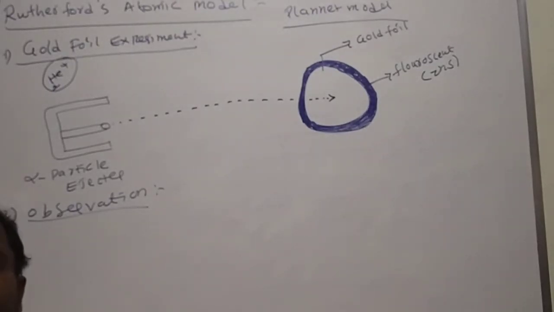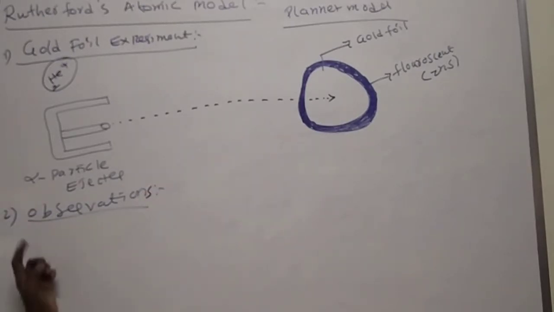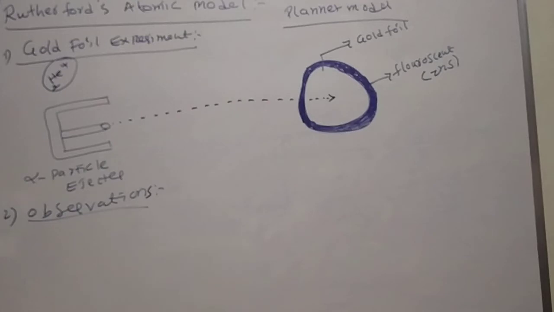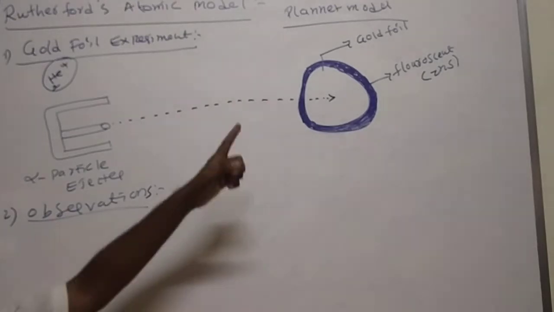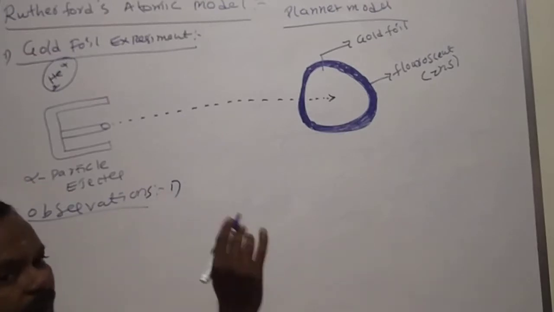That means it has a somewhat positive nature. Remember that. After the collision of the alpha particles on the gold foil, he observed some important observations.